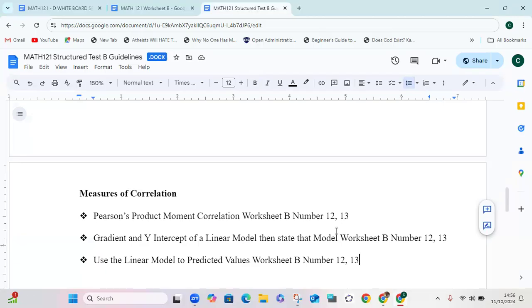And you can do so starting with number 11. You don't really have to practice number 10 because number 10 is for raw data. You will not be evaluated on raw data. So focus on the guideline. As you can see, there is sufficient guidance to prepare you for evaluation B. For the gradient and y-intercept of a linear model, number 12 and 13.